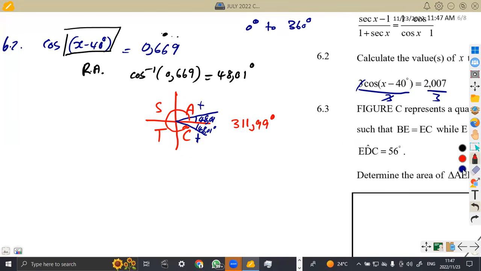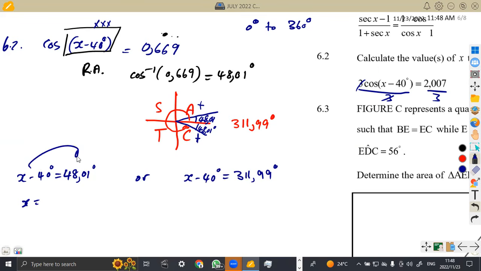So now let's refer back to the x minus 40 that we ignored on the first part here. So we're going to say x minus 40 degrees is equal to 48.01. Remember, we said we've got two angles, or the other one, x minus 40 degrees, which is equal to 311.99 degrees. So from these two, what are we going to have as our x? First one, we are going to transpose minus 40 to add, that's 48.01 plus 40 degrees, or another x, which is equal to 311.99 plus 40 degrees.